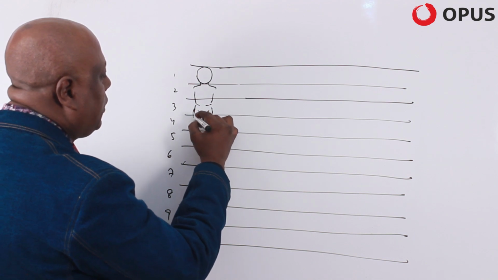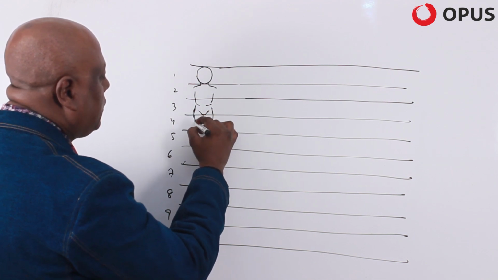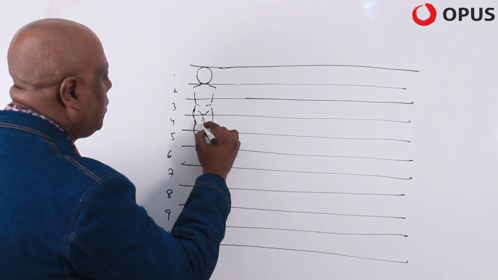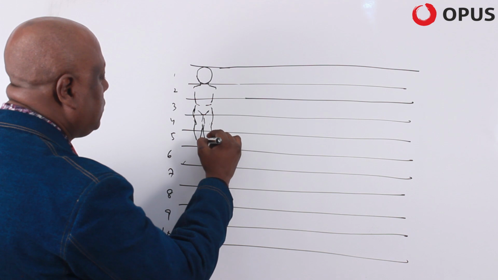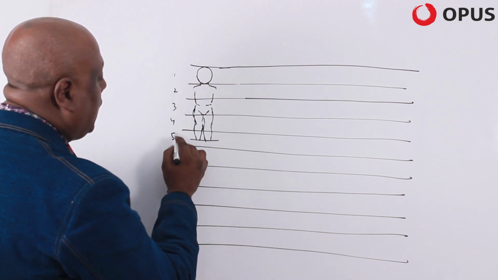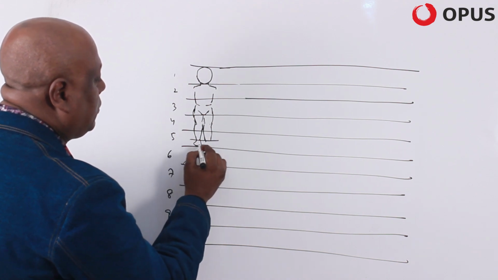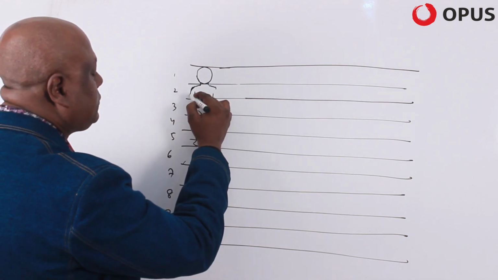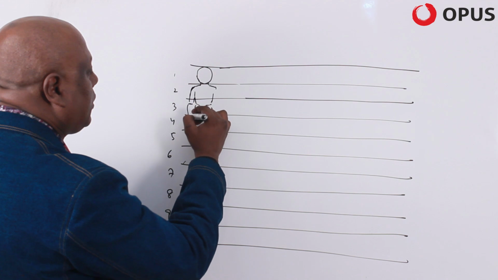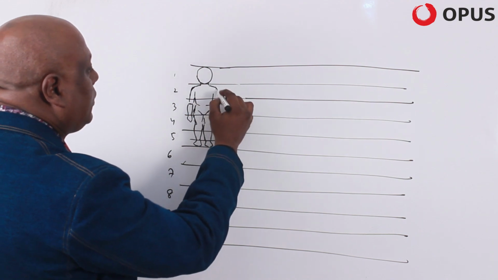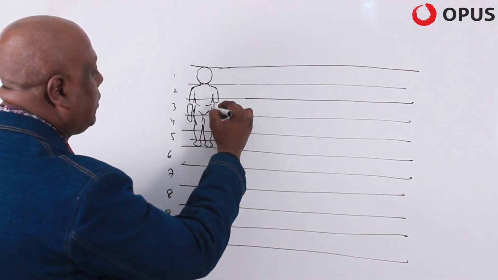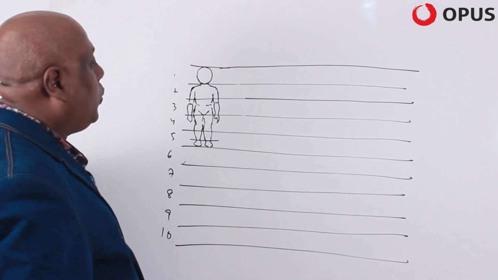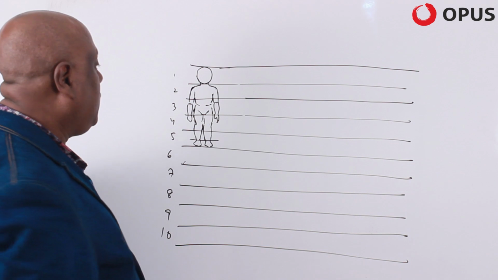The leg is still not so defined, and then it actually ends at 4.5 heads. This feet you don't calculate. This is a human infant, a kid, maybe 1.5 to 2 years of age.